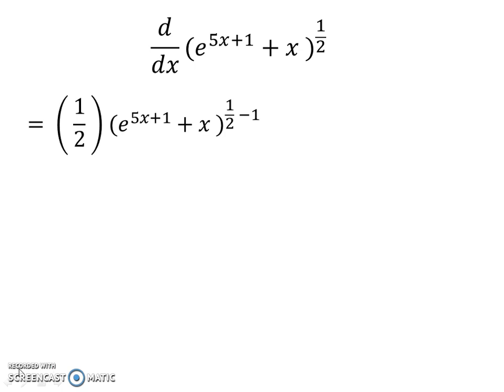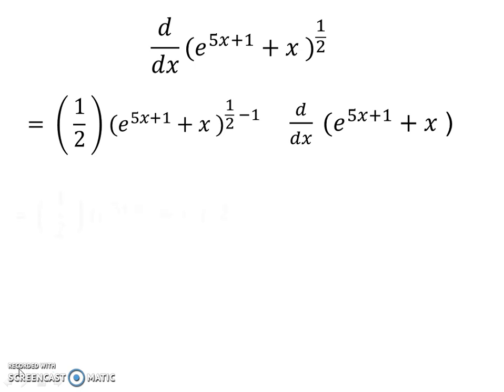Now, do we stop here? Of course not. We must differentiate the things inside the bracket. Okay, I hope this is straightforward. We start from the outside, which is a power half, bring it down, then the power minus 1. Then we go to the inside, which is inside the bracket.